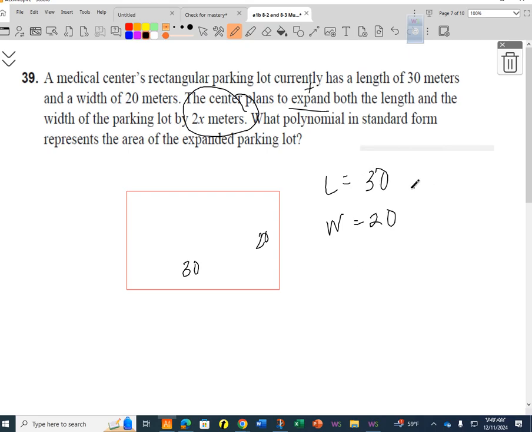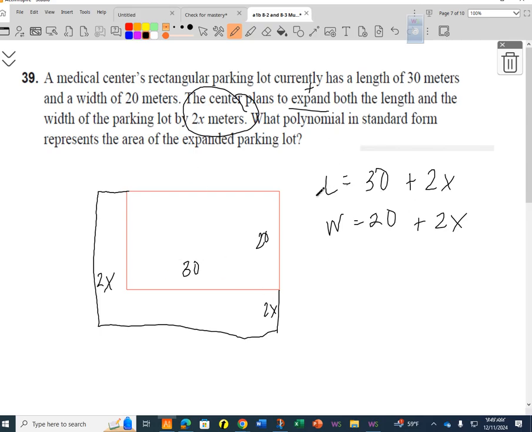So the length is going to increase by 2x meters, not 2 meters. And the width is going to increase by the same. Any questions about that? So basically, we're going to add 2x here, right? So that would stretch it out, and add 2x here. So this would extend this parking lot.